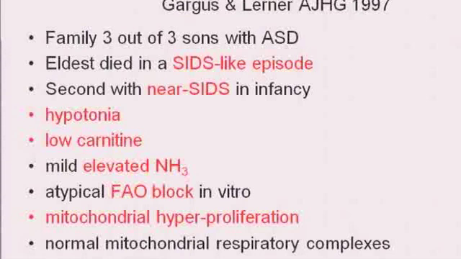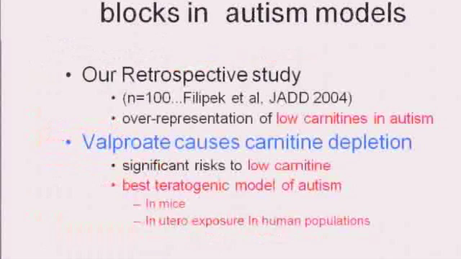A second child had a near SIDS encounter, and they all had hypotonia and the signature biochemical signals that I had mentioned to you earlier. And we were able to work them up and see that there was a block in fatty acid oxidation and the signature of mitochondrial proliferation, even though the respiratory complexes in the DNA were normal. Again, saying that there's functional defects in how the mitochondria are working in these very rare forms.